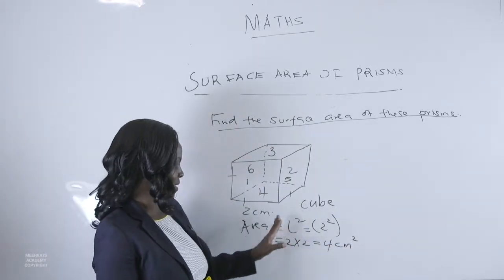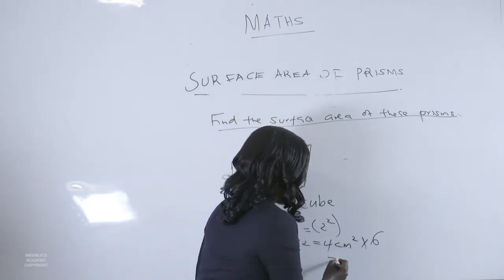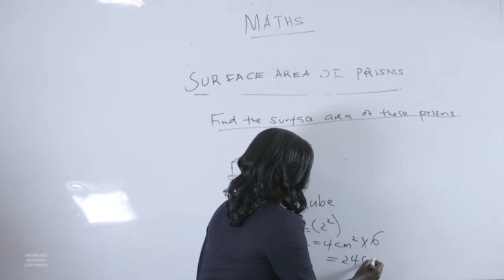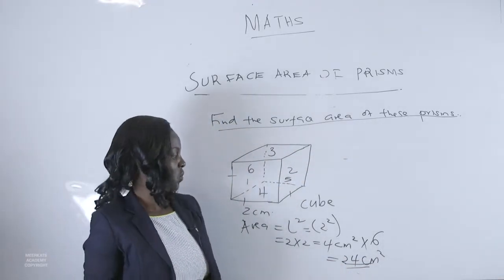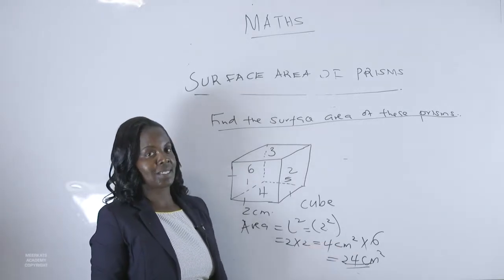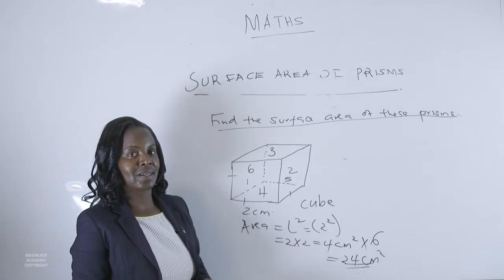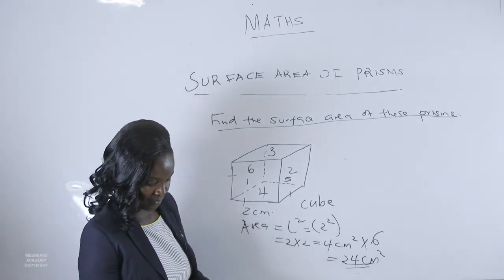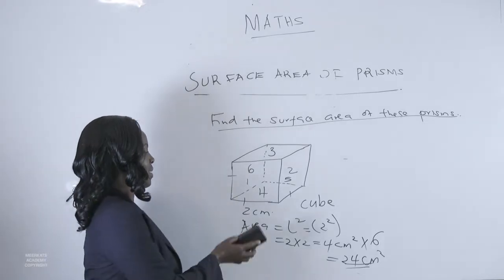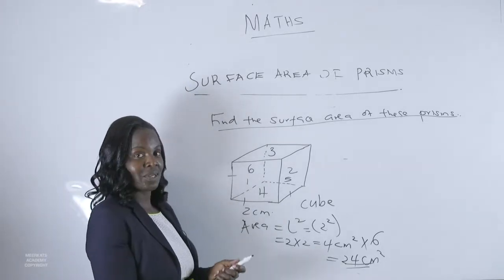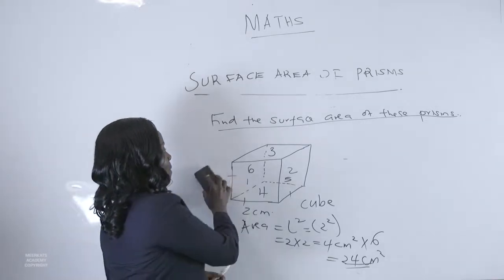Because there are 6, we multiply by 6, and that will give us 24 square centimeters. This is the surface area of the cube. We are multiplying by 6 because it is a cube and all sides are equal.